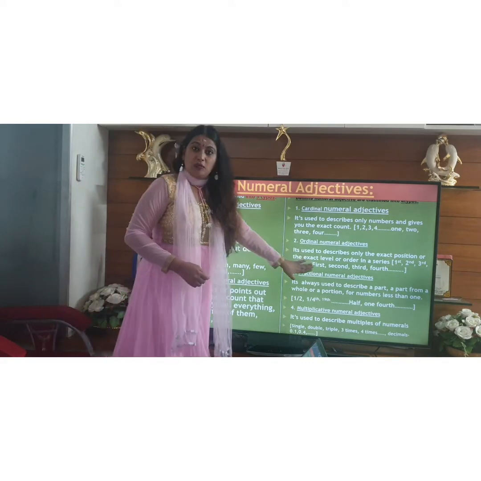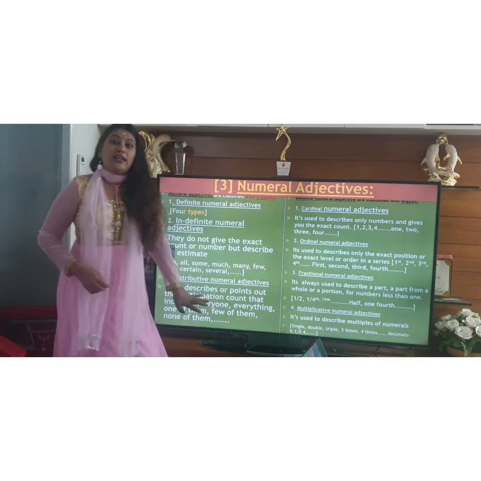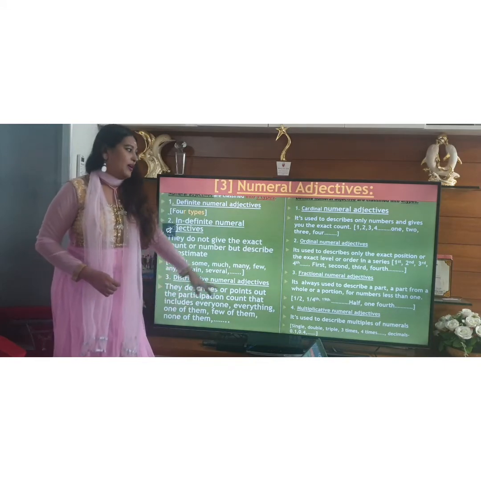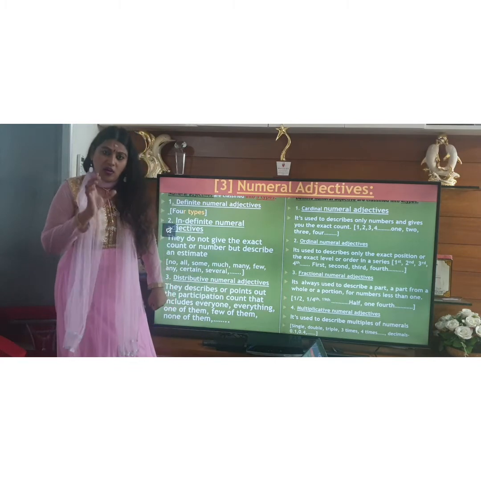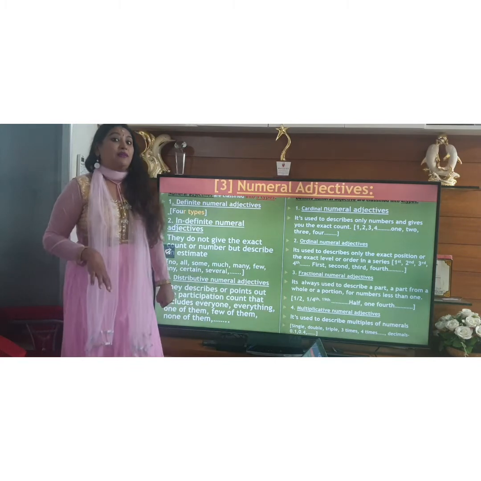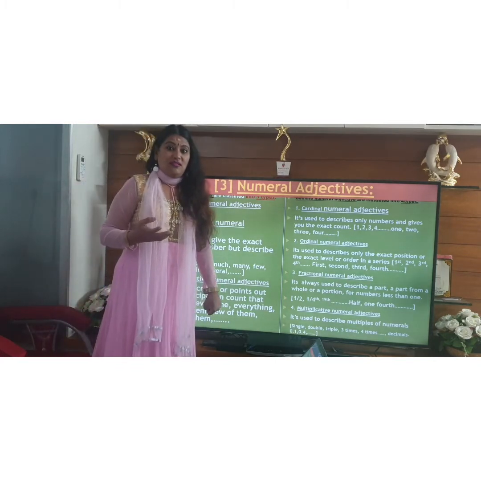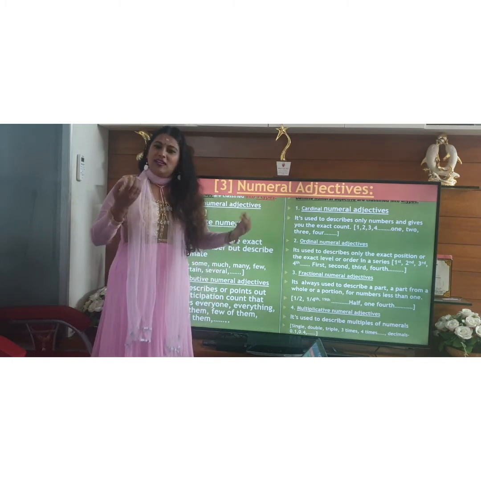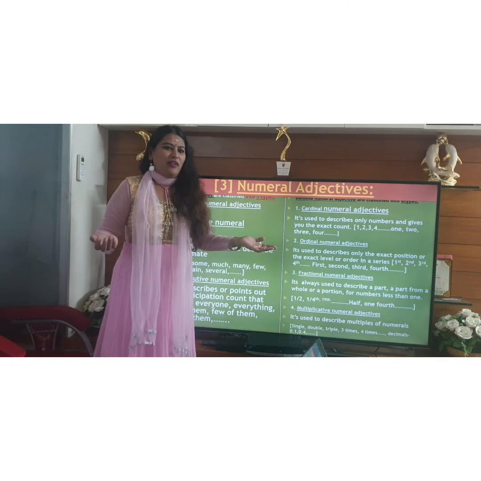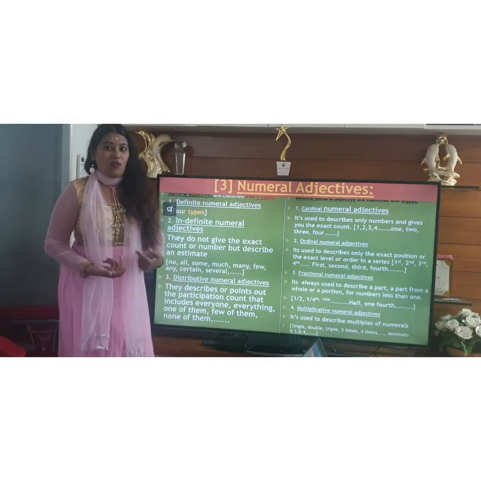Next is ordinal numeral adjective. Ordinal numeral adjective means, see here, every ordinary person can become a special person. For example, Kalpana Chawla and other people. Everybody has the same features like what we have.